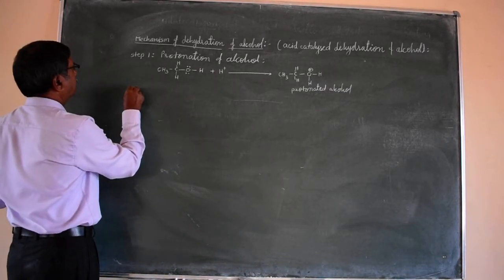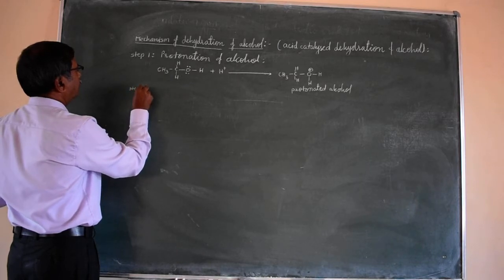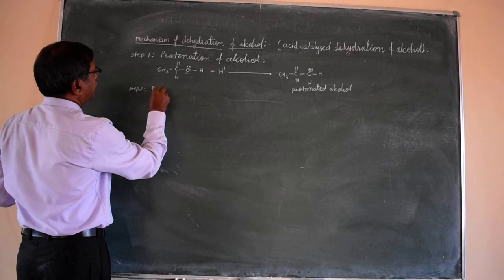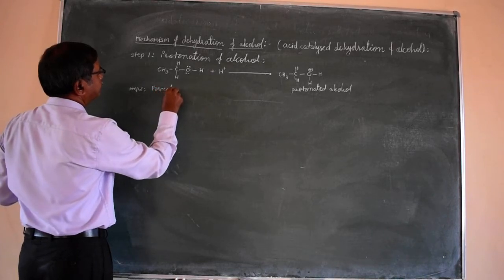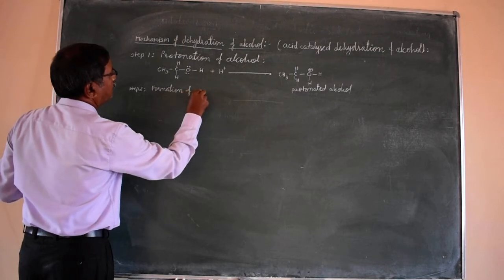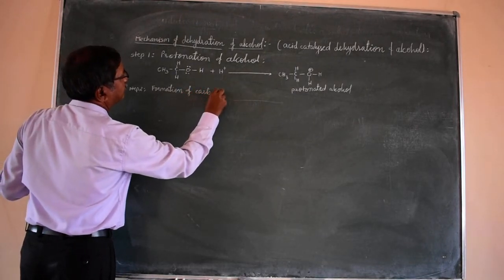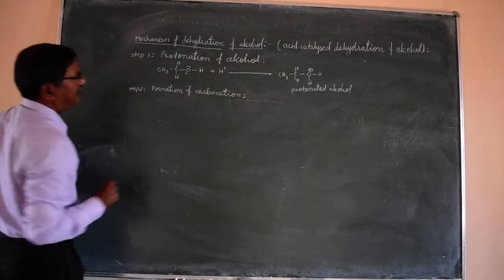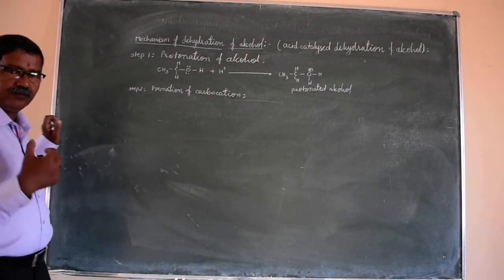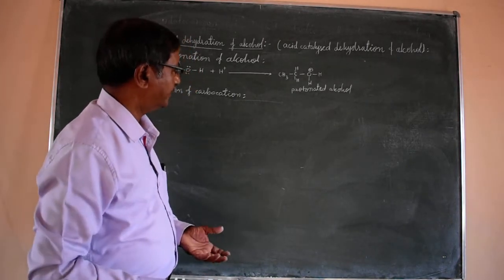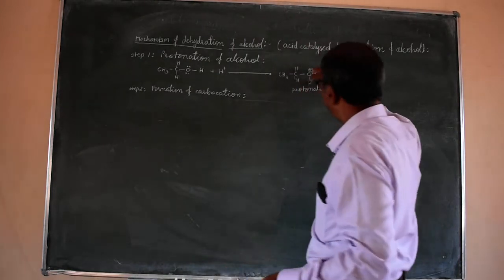Step 2. Formation of carbocation. It's important. We know carbocation means the carbon carries a positive charge. Here there is a loss of H2O.